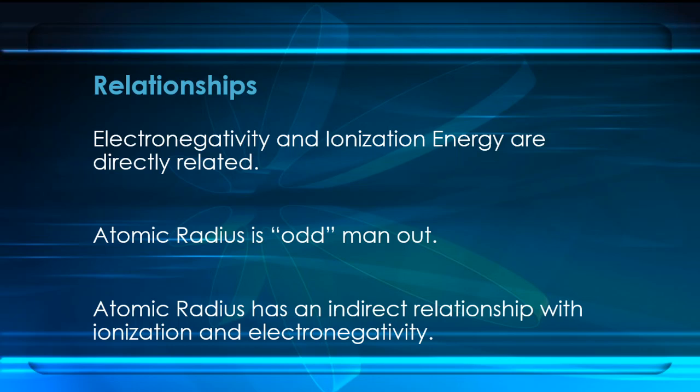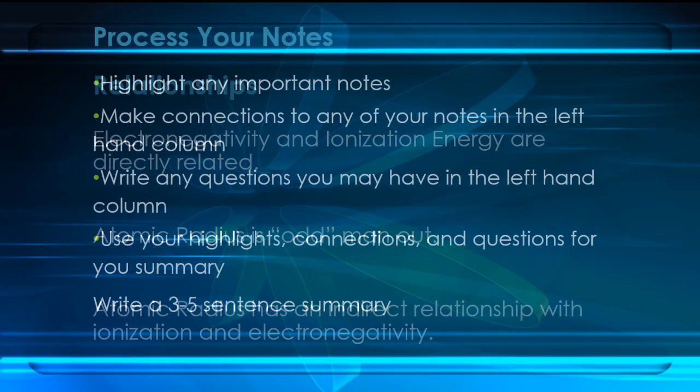If electronegativity is high, ionization energy is also high. Okay, atomic radius is our odd guy out. So it is our indirect relationship. So basically, atomic radius has an indirect relationship with ionization energy and electronegativity. So if electronegativity goes up, radius goes down. So those are the relationships between those 3 trends, okay?